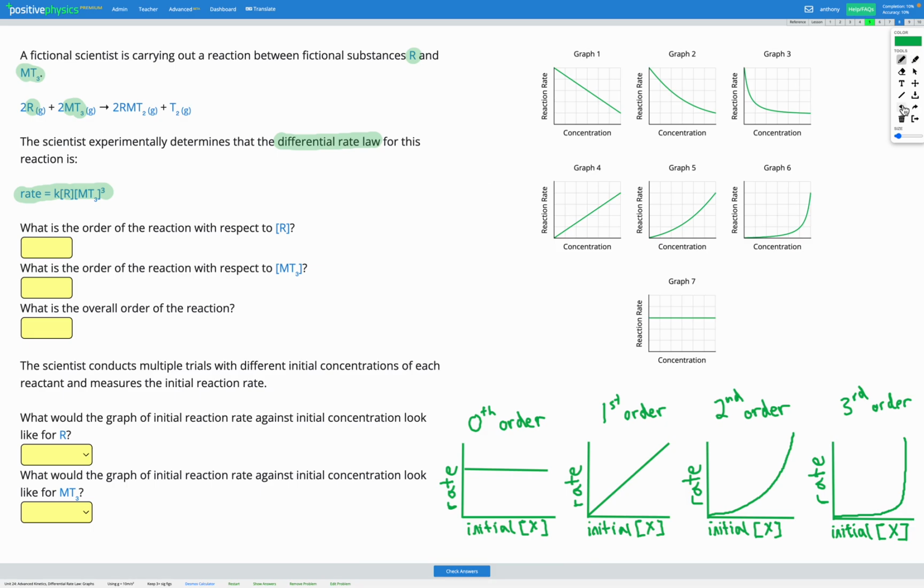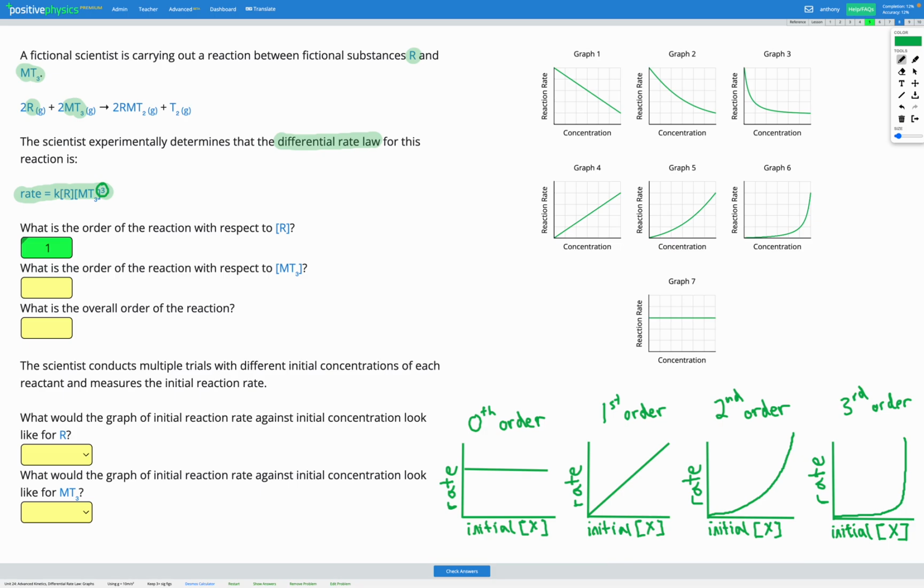So for R, in our differential rate law, we have the concentration of R with no exponent, or in other words, it's to the power of 1. So that tells us the order of reaction for R is just 1. For MT3, that's to the power of 3 in our differential rate law.